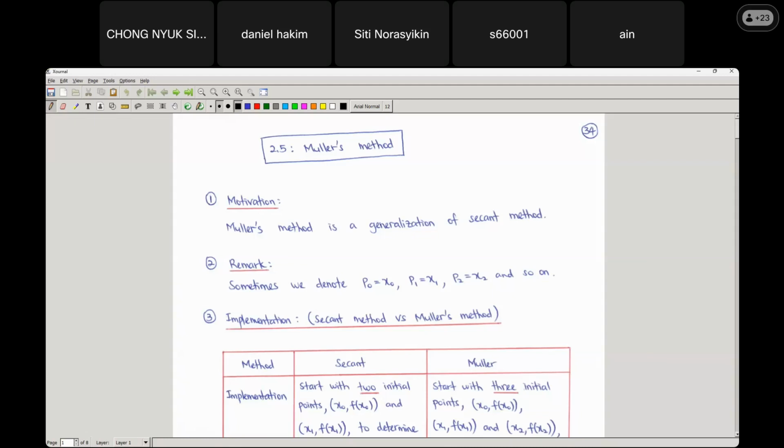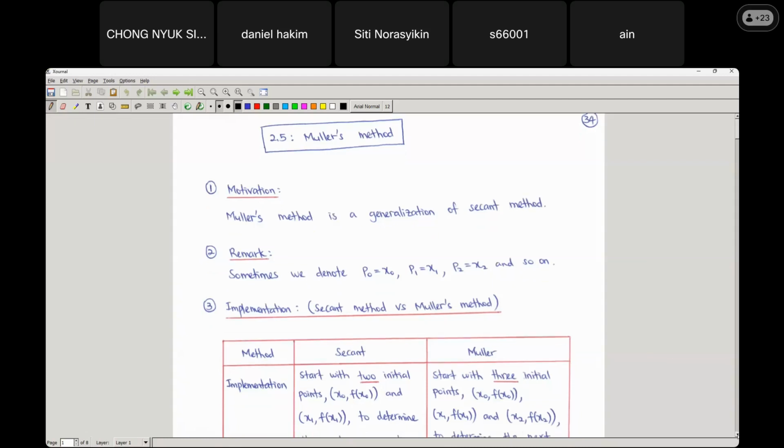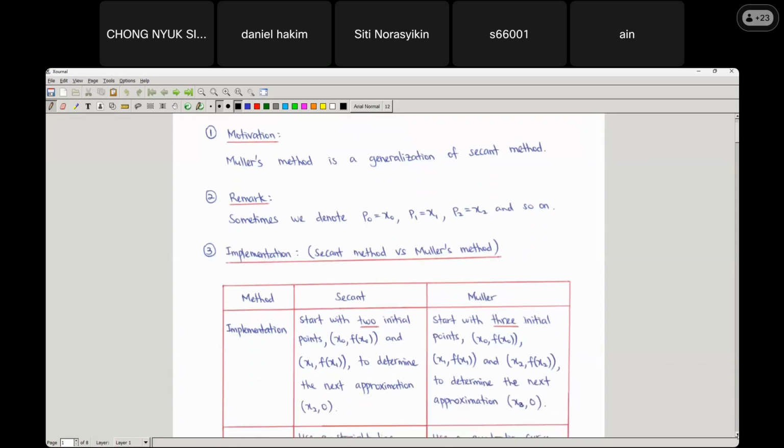Before we introduce the implementation of Muller's method, let me draw your attention to something. Sometimes when you study different textbooks, they may use different notation, but actually they represent the same meaning. These are the common representations. Some textbooks use P0, some use x0, so they are actually the same thing.